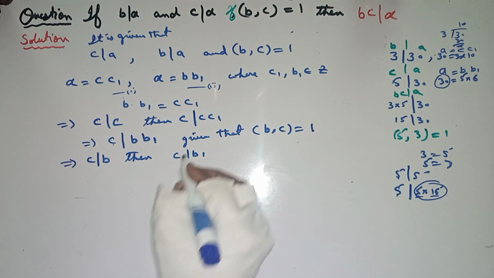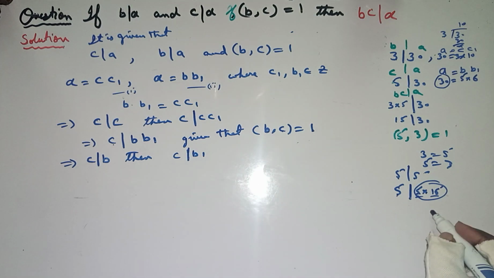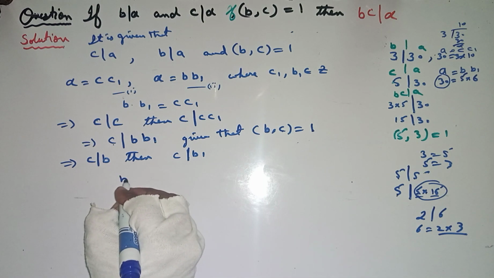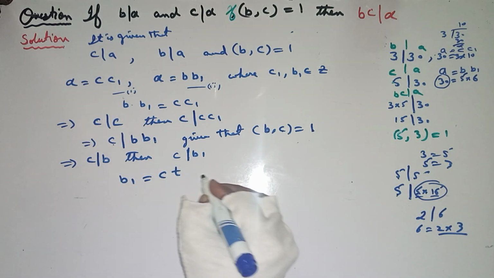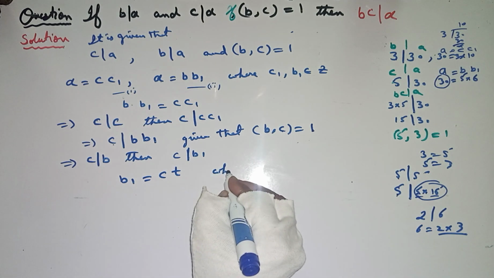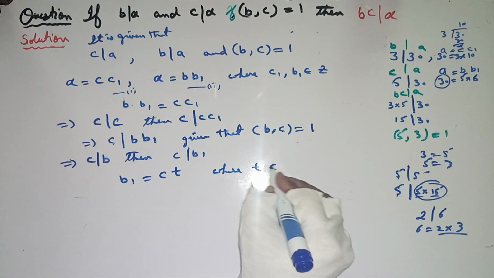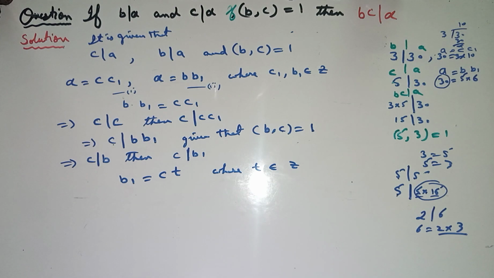Okay, if C divides B1, like 2 divides 6, then 6 can be written as 2 multiplied by 3. Then B1 can also be written as C times T, where T belongs to the set of integers.